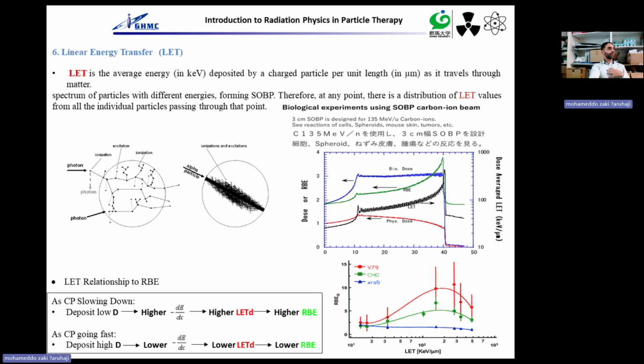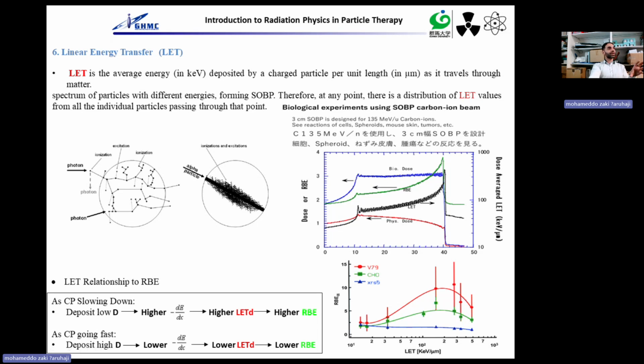How can we cause this damage? At the same time, because of this LET distribution, sometimes certain volumes can have the same physical dose, but not the same intensity of damaging, not the same intensity of LET.